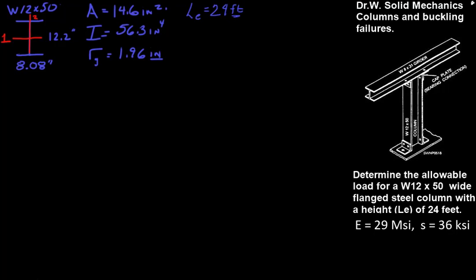And be careful with the units. We want them all to be compatible. So that's 288 inches. And from there we can calculate our L on R ratio, the slenderness ratio. It'll be 288 over 1.96, which will be 147.